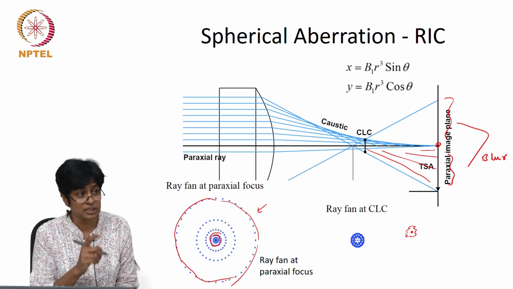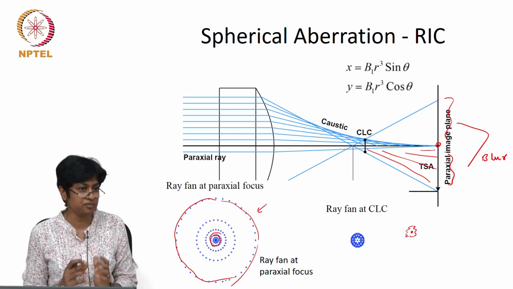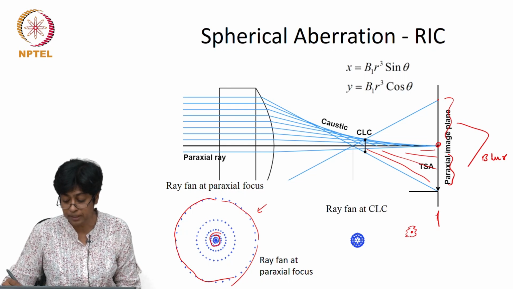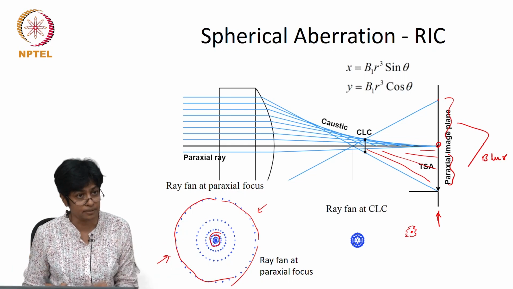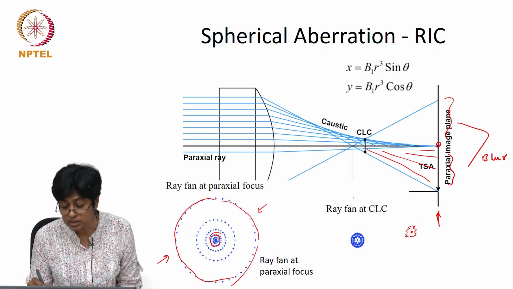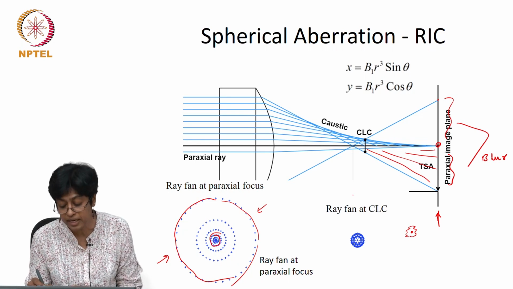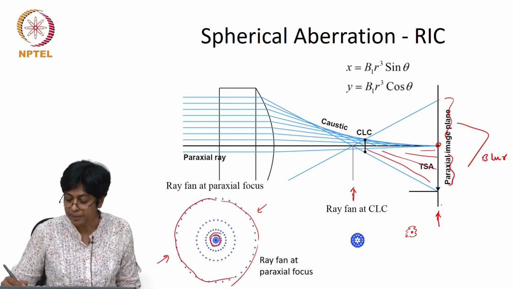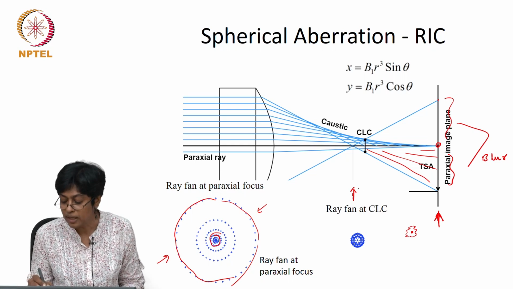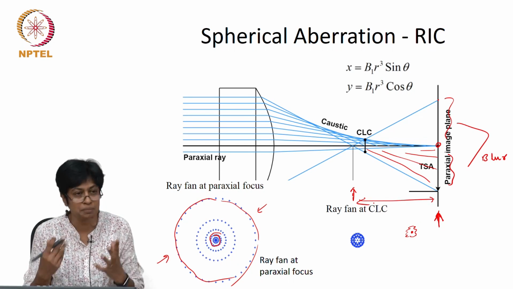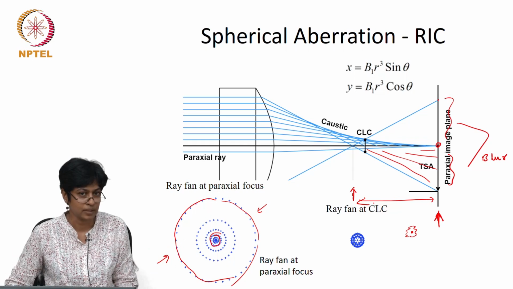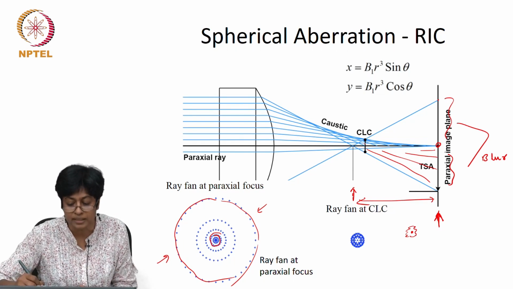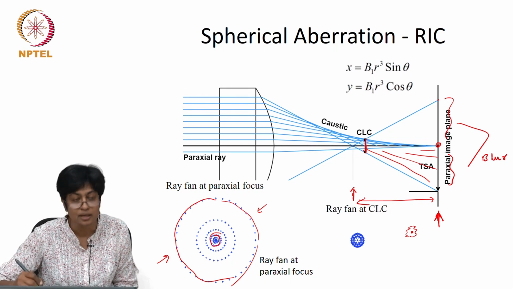So this comes to the question someone had asked some time back: why would I move away from the paraxial focus plane? Well, if I look at the paraxial focal plane, this is how the spots are spread. But if I move, the furthermost rays are being imaged here. The paraxial rays are being imaged here. So I have a spread. This whole region can be considered a kind of focal region. So if I move within this region, it turns out that there's one place where the spread of the rays is minimum.